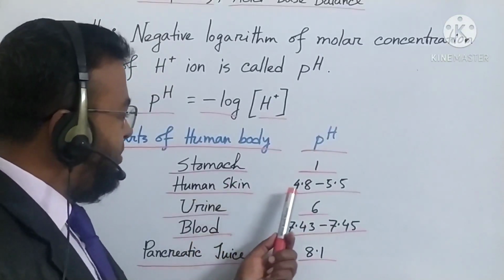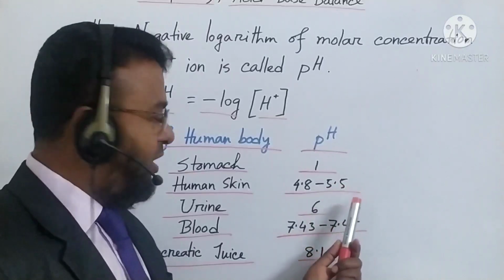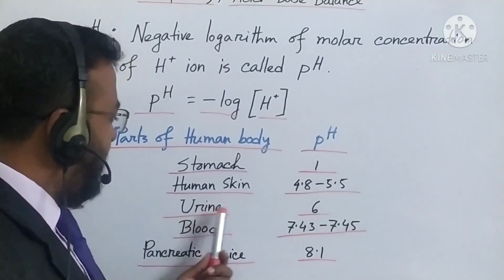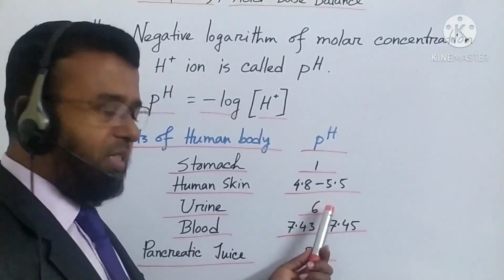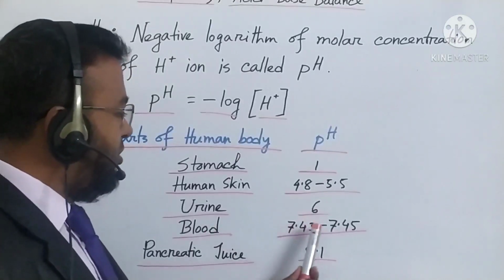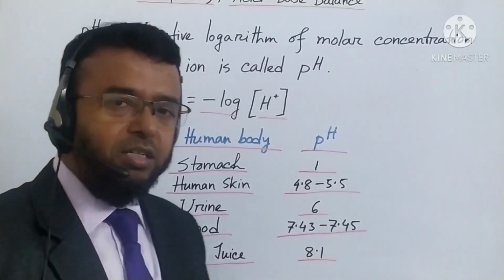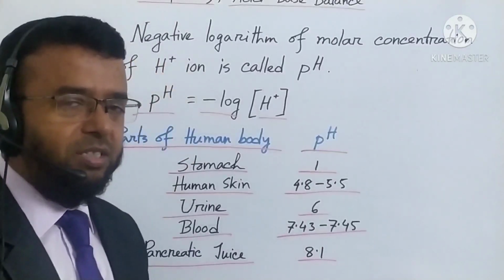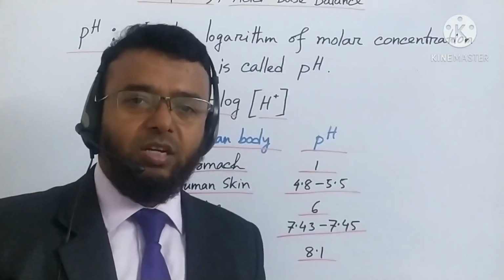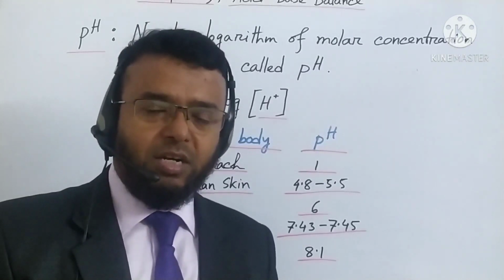Human skin, 4.8 to 5.5, is also acidic. Urine is basic. Blood is also basic. Pancreatic juice is more than 7, that means it is basic. Everybody please write it.